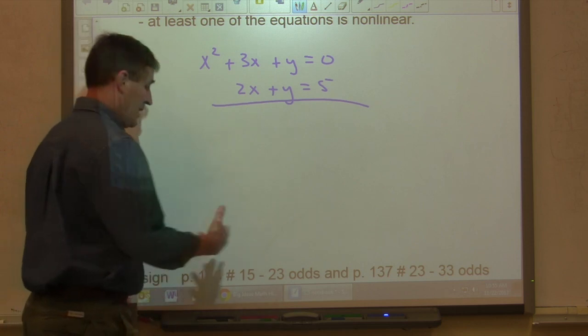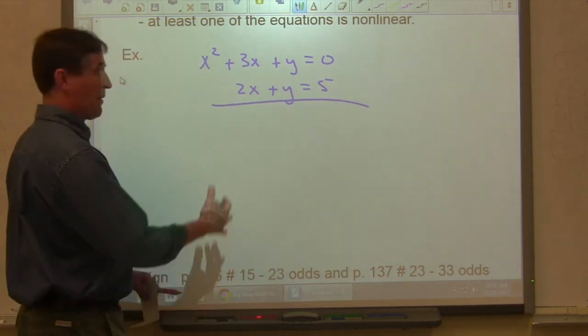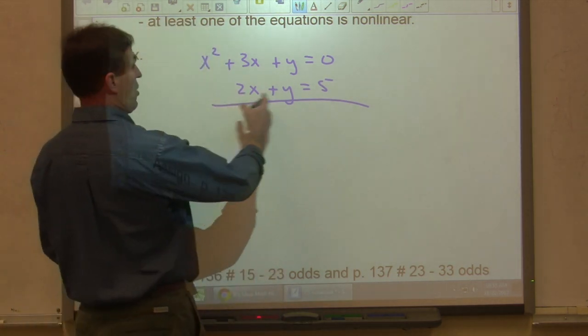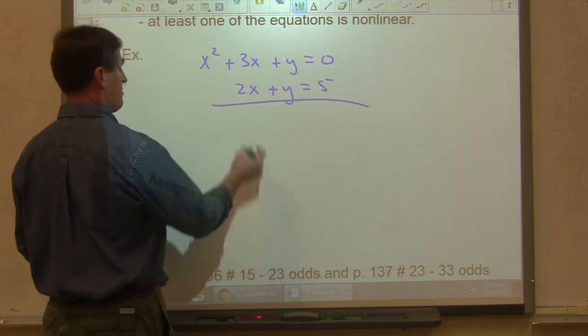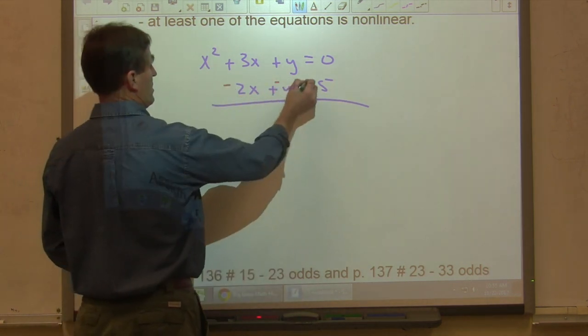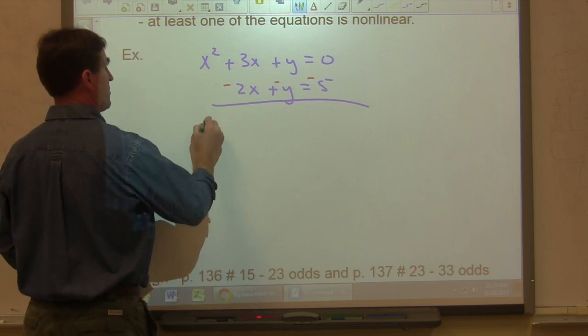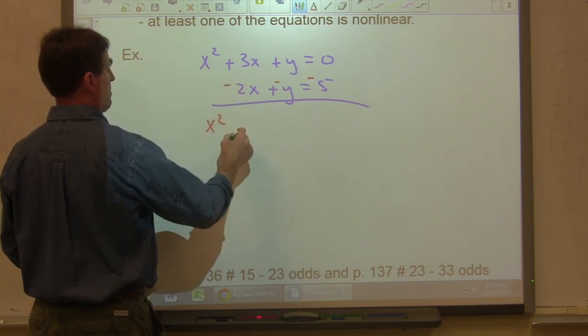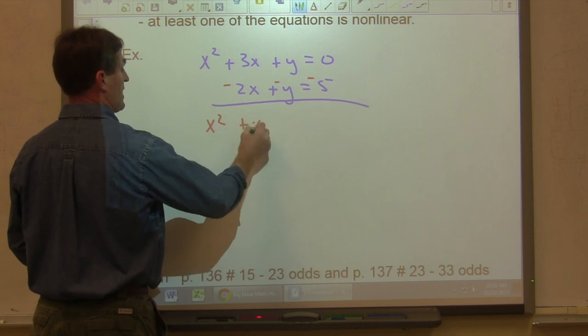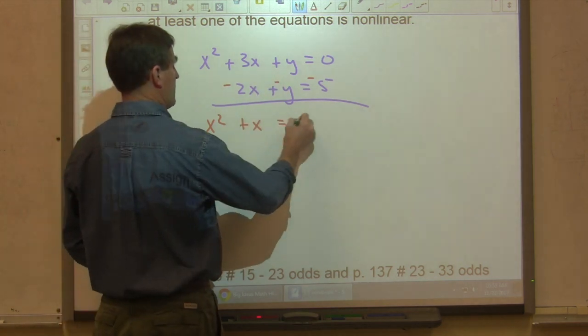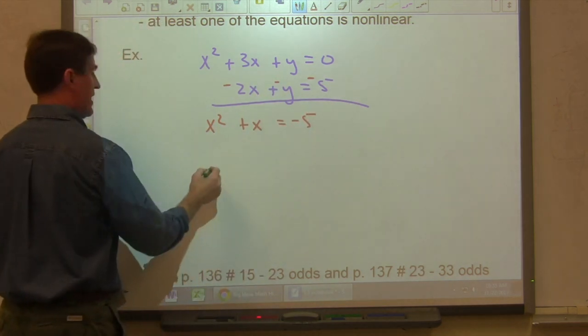Up to you how you do this, but I would do it by elimination. You could have solved for y and done it by substitution, but I'm just going to multiply that by negative 1 and then add the two equations together. So we get x squared, 3x plus a negative 2x is a positive x. The y's cancel, equals negative 5. Set it equal to 0.